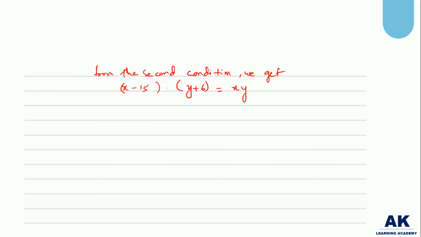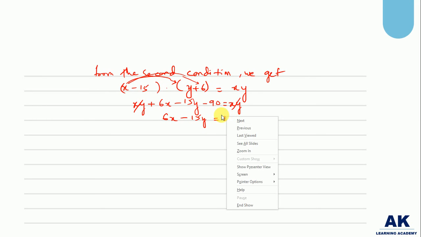So if I multiply inside this bracket, x into y is xy, x into 6 is plus 6x, minus 15 into y, minus 15y, and minus 15 into 6, it is minus 90, is equal to xy. So xy and xy get cancelled, so we are left with 6x minus 15y is equal to 90, right?